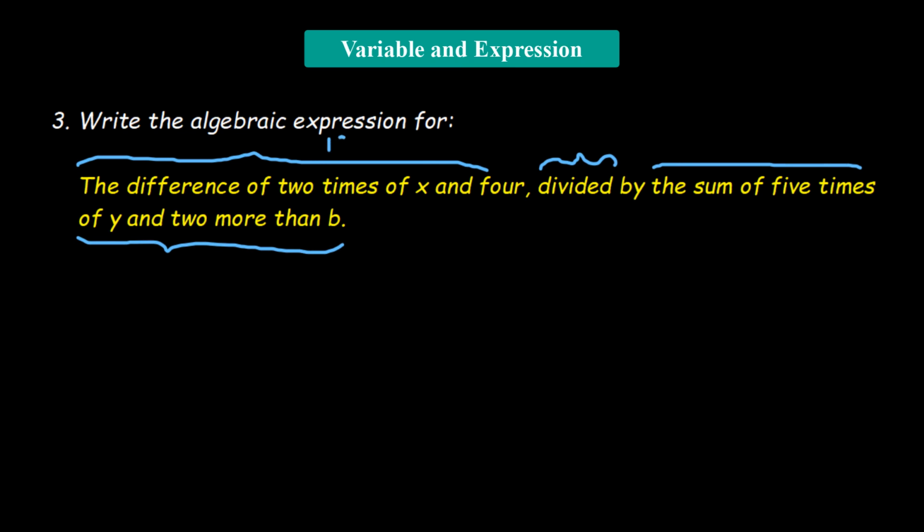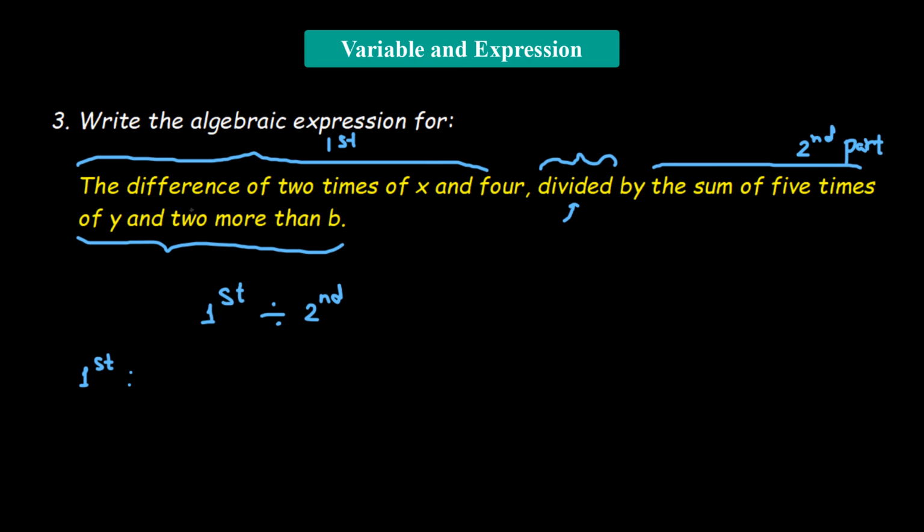So let's consider it as the first part of the statement and this one as the second part of the statement. Since it's mentioned here that we need to divide, that means we have to consider the first statement and then divide it by the second statement. So let's try to convert the first statement to an algebraic expression.